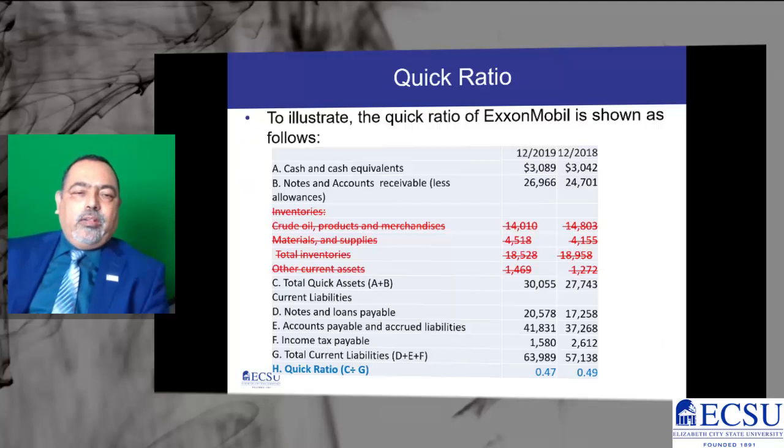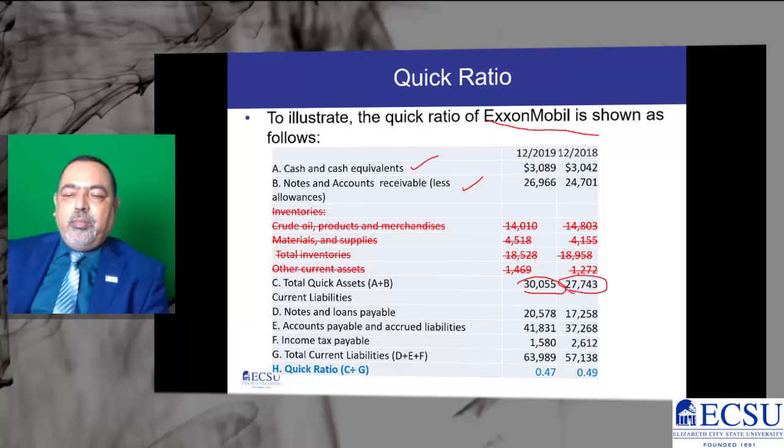What I have done is I have shown ExxonMobil's current assets and I have crossed out those assets which we do not consider as liquid. We consider the cash and cash equivalents as liquid, and notes and accounts receivable less the allowances for bad and doubtful debts. If you add these two, we get quick assets of 30,055.